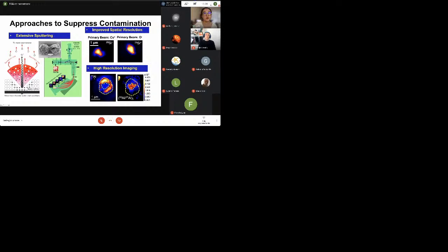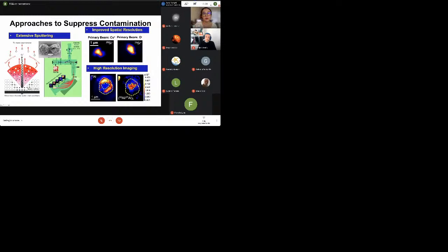Thanks to the high spatial resolution achieved during our imaging data collection, we can choose a smaller region of interest to exclude the aluminum contamination during our data reduction.